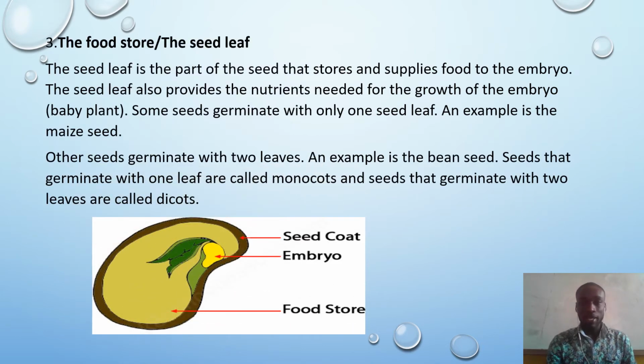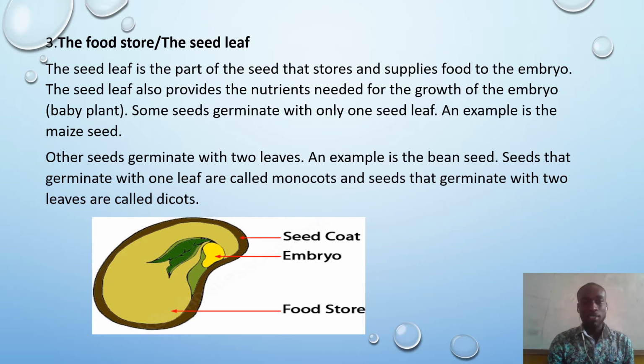Let's take a look at the third part, which is the food store or the seed leaf. So the seed leaf is the part of the seed that stores and supplies food to the embryo. The seed leaf also provides the nutrients needed for the growth of the embryo, that is the baby plant. Some seeds germinate with only one seed leaf. An example is the maize seed.